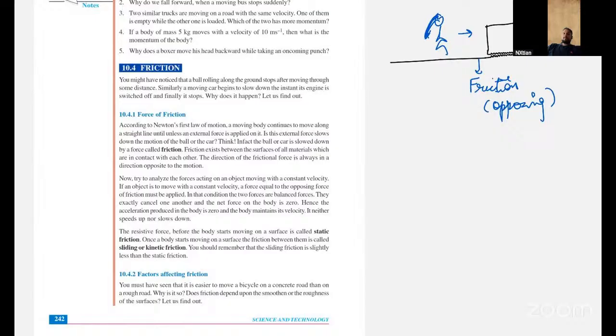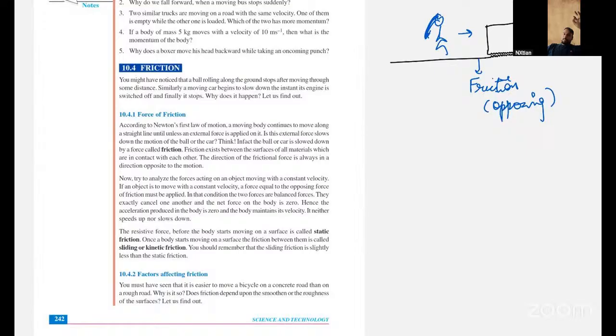You might have seen the ice is not perfect, but it is near to a perfect frictionless surface. You can write it down on top of your copy: ice is near to a perfect frictionless surface.